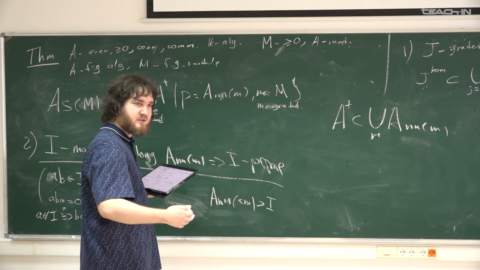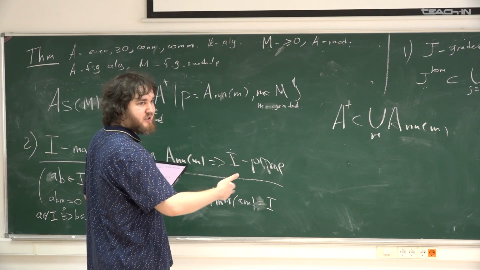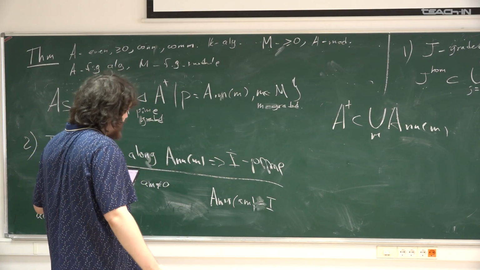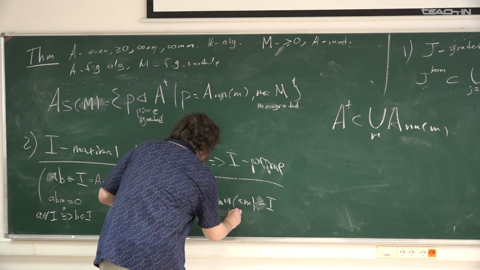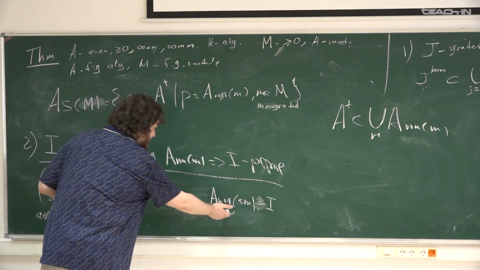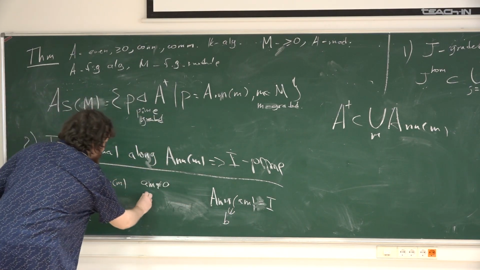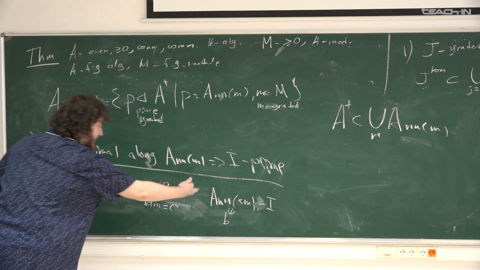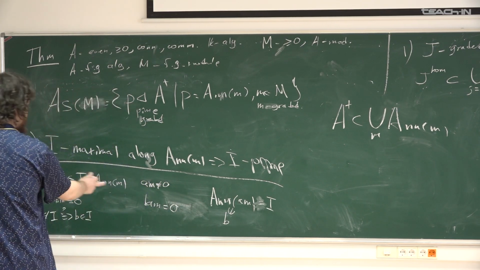Because of maximality, this is an equality here. Because it's also an annihilator, something that is greater than this one. And also this annihilator contains b. b is an element of this annihilator. So b is in I. Okay? It's an easy observation.